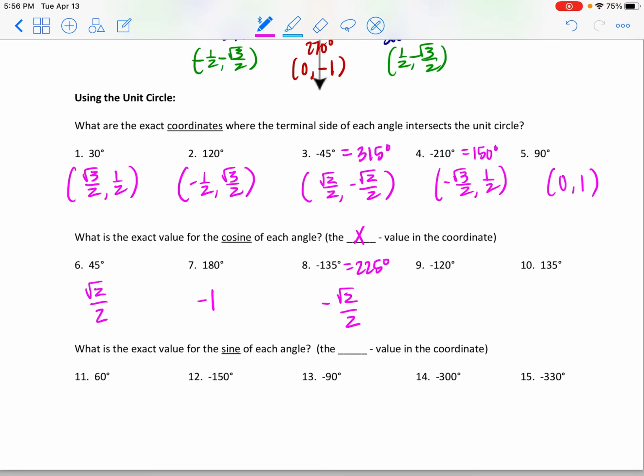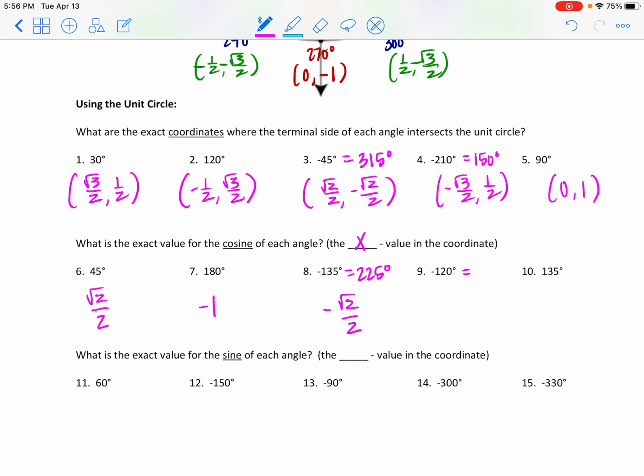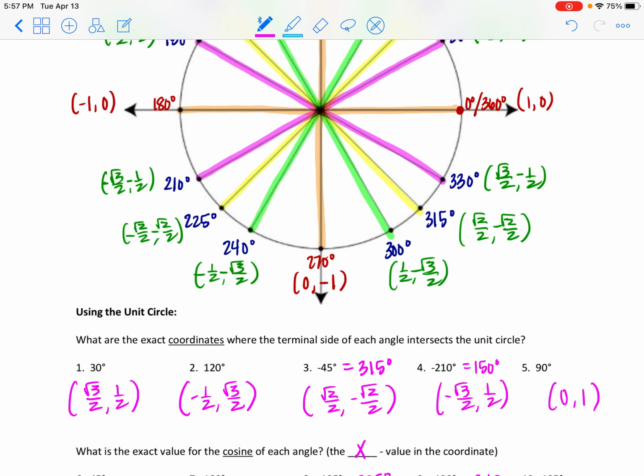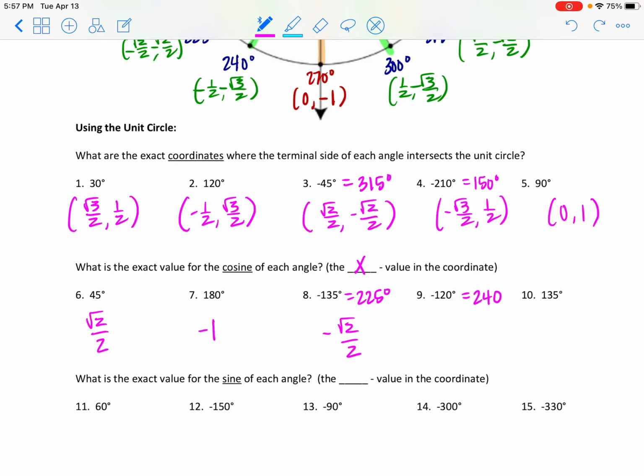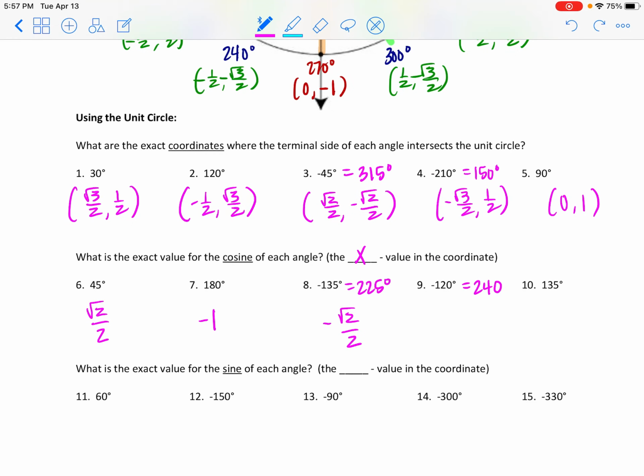So negative 120, what is that coterminal to? If you need to use the picture, use it. But we're trying to make a full 360, so that's got to be 240, right? 240 to 120 makes 360, one positive, one negative. So at 240, what is my cosine? That's a negative 1/2. Cosine of negative 120 degrees is a negative 1/2.